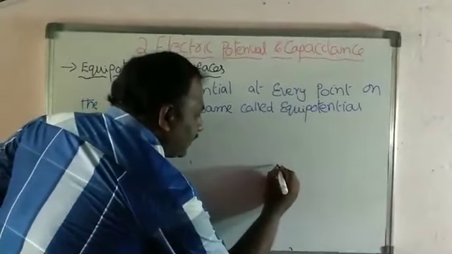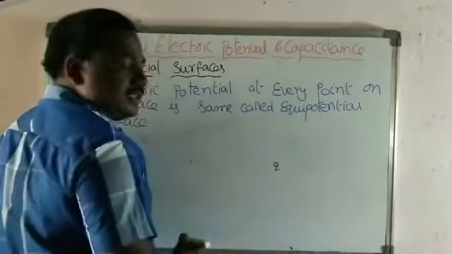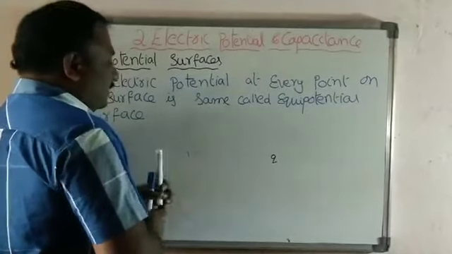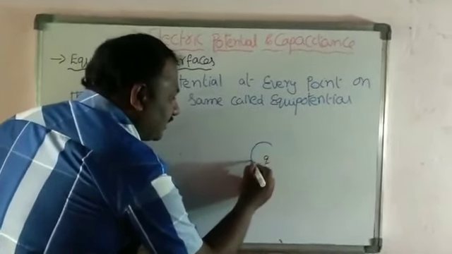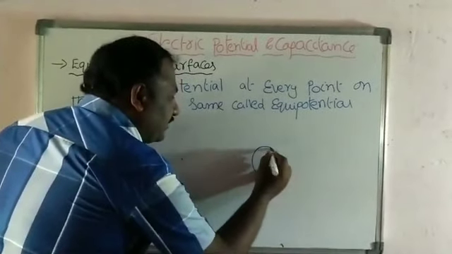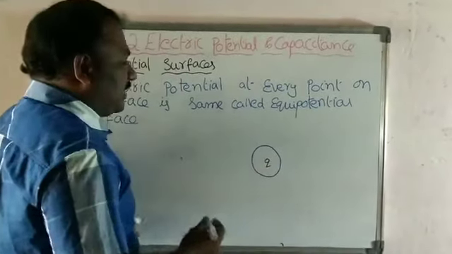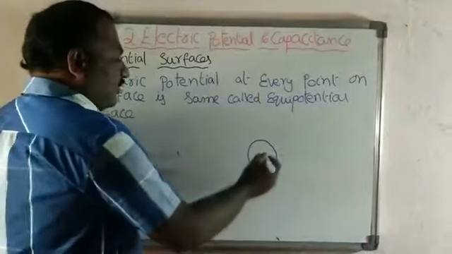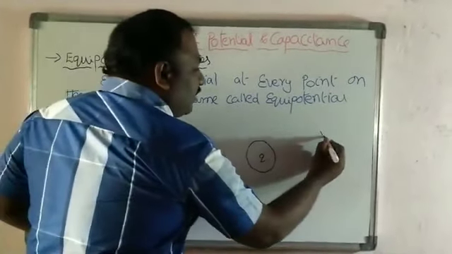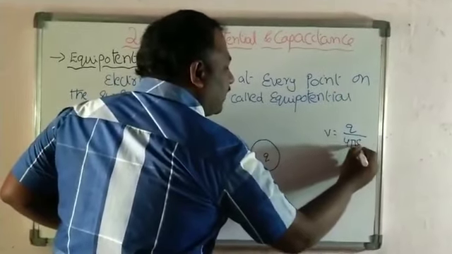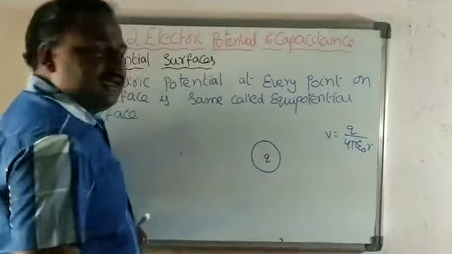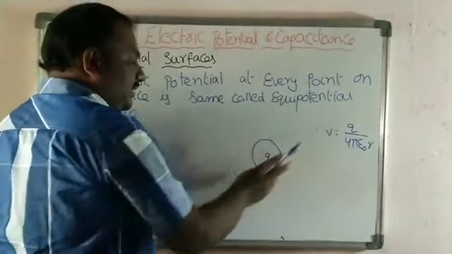For example, here I take a charge, and around this charge, I consider a surface which is at equal distance from the charge in all directions. Now, the potential formula we know, V is equal to Q by 4 pi epsilon naught R. Here Q is constant.